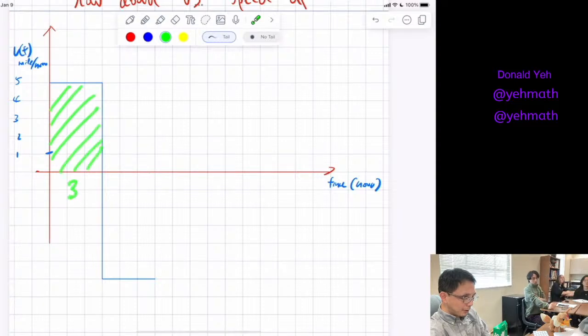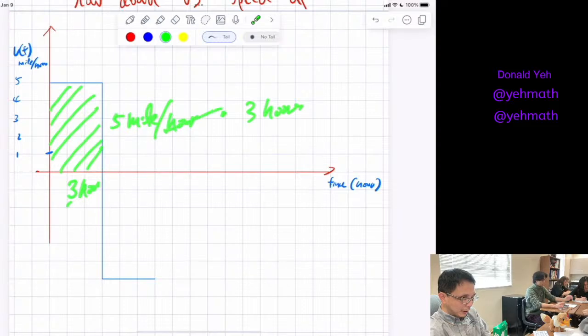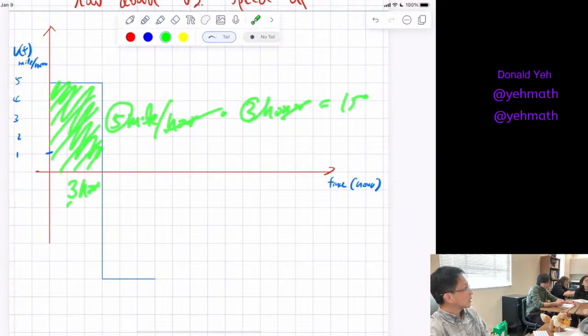There's 3 hours, and there's 5 miles per hour. If you multiply them with dimensional analysis, the hours cancel out, and 5 times 3 is equal to 15 miles. That's how much distance you cover. So area under the curve is the displacement.